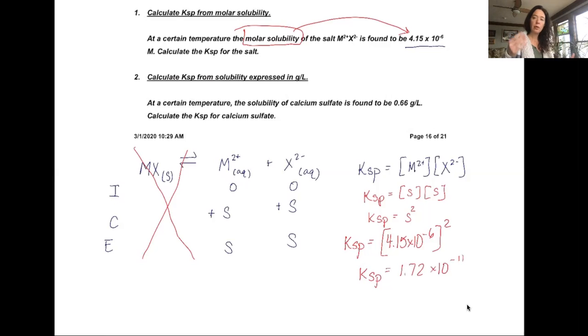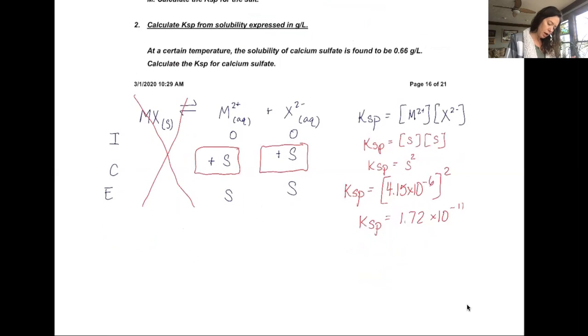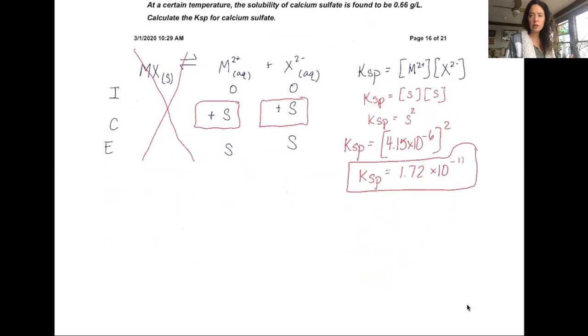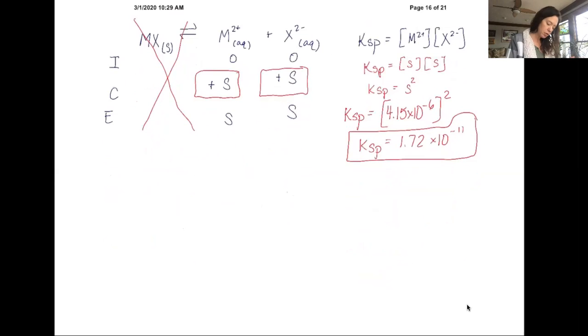So we were given molar solubility and we solved for Ksp. We made sure to recognize whether we needed to multiply that molar solubility by a value or not, and since it was 1-to-1, we did not. Not very soluble. Some of these exponents will be in the 20s, 30s, so you get some very, very low numbers here.